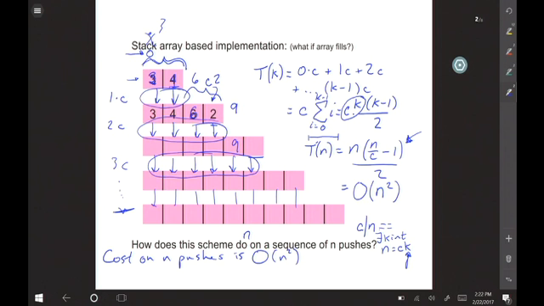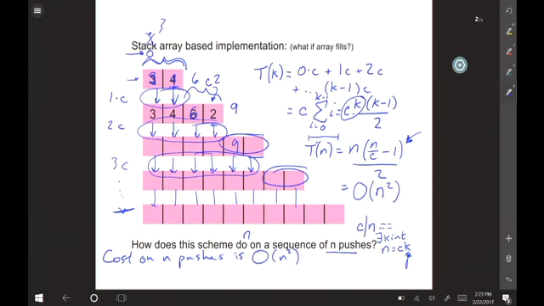I'm going to change the results slightly here because I don't want the evaluation over a sequence of N pushes. I want it for a single push. I want to evaluate the cost of a single push. Now, I can't do that in this case because lots of them are really super fast, right?